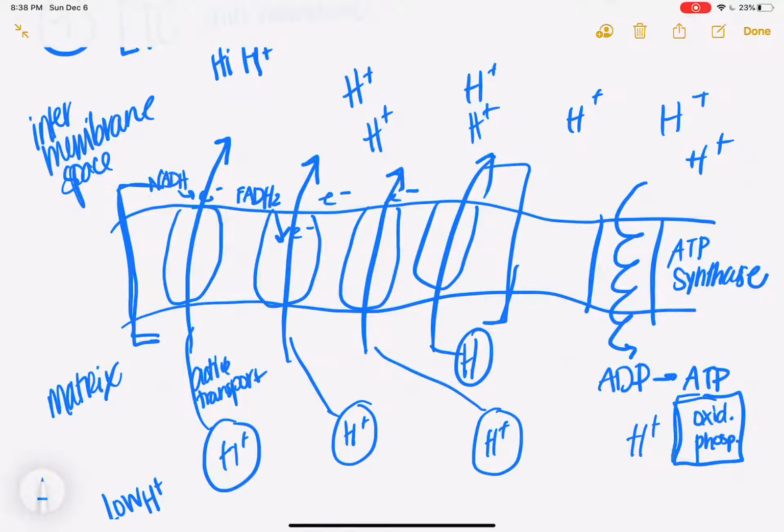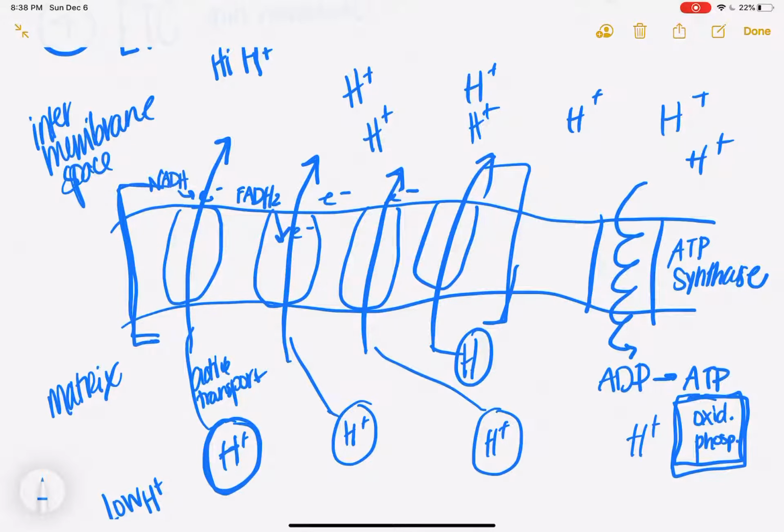This part is the oxidative phosphorylation. All right. The chemiosmosis means the energy gradient. We're using this hydrogen gradient. We're moving hydrogens to be able to use energy coupling to allow for the production of ATP.